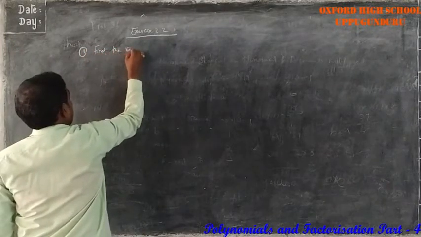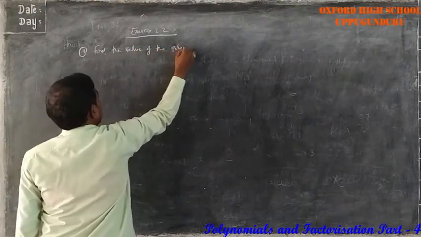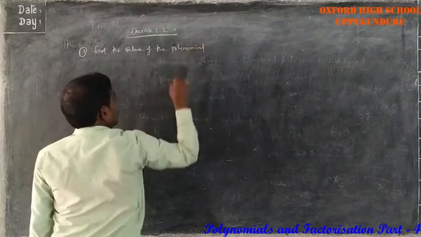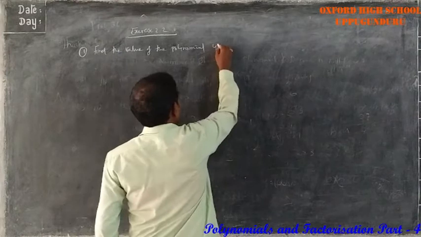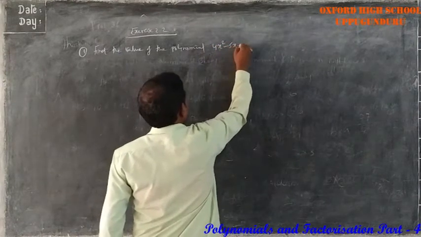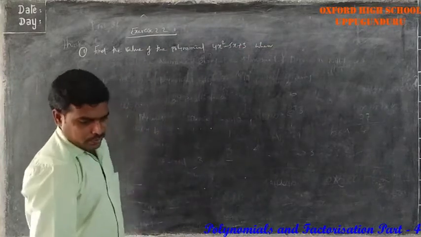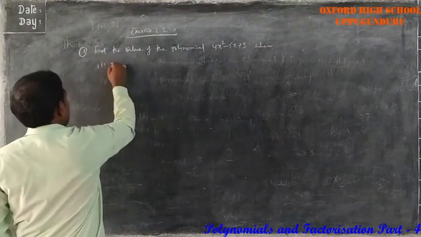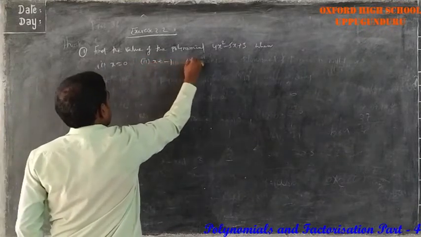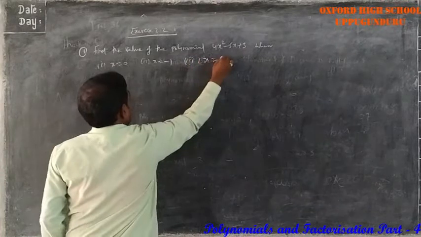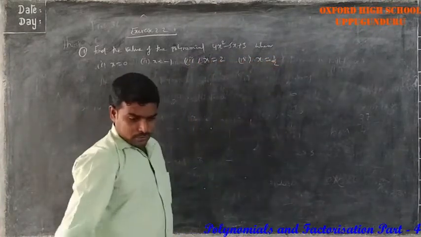Find the value of the polynomial 4x square minus 5x plus 3 when x equal to 0, x equal to minus 1, x equal to 2, x equal to 1 by 2.